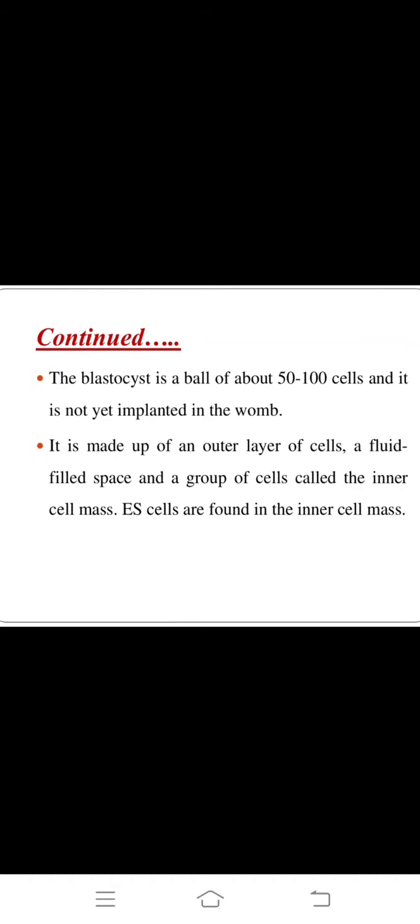It is made up of an outer layer of cells, a fluid-filled space, and a group of cells called the inner cell mass. Embryonic stem cells are found in the inner cell mass.